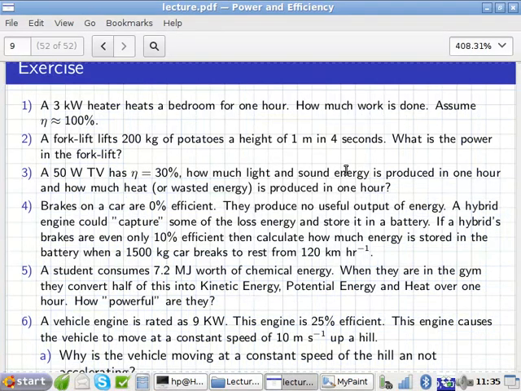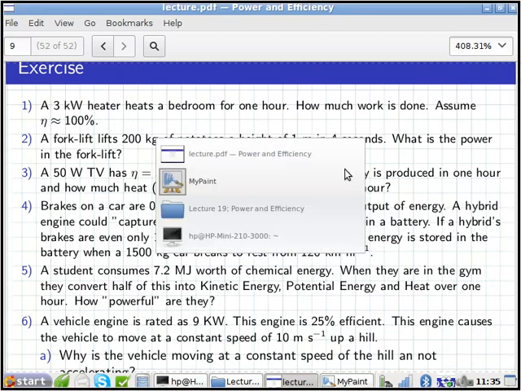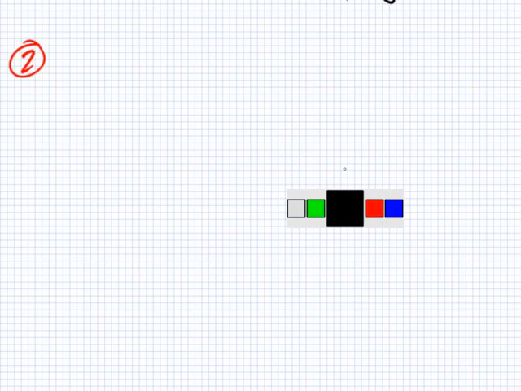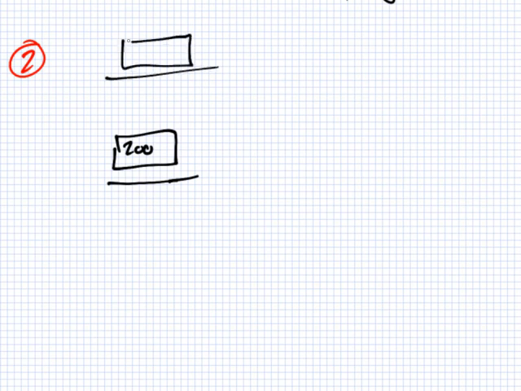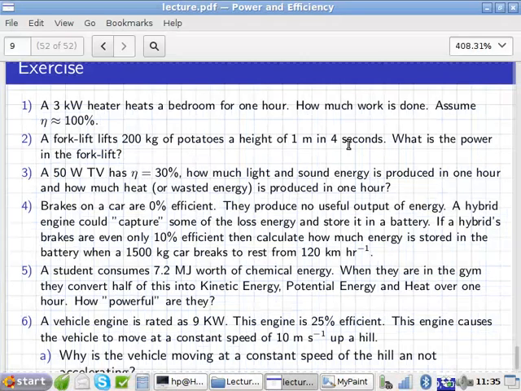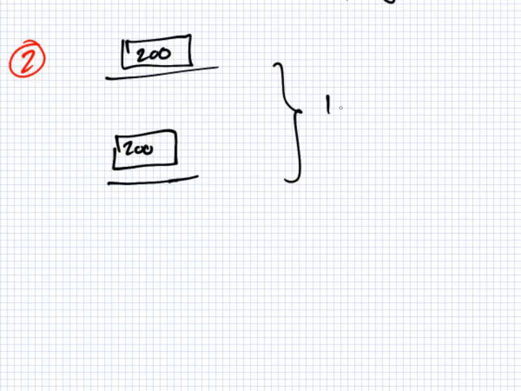A forklift lifts 200 kilograms of potatoes a height of 1 meter in 4 seconds. What is the power of the forklift? I should have said at a constant speed, but oh well. So you have here 200 kilograms, and then it gets lifted up, and the distance is 1 meter, and the time it took to do this was 4 seconds.